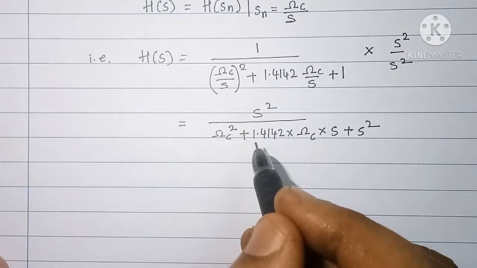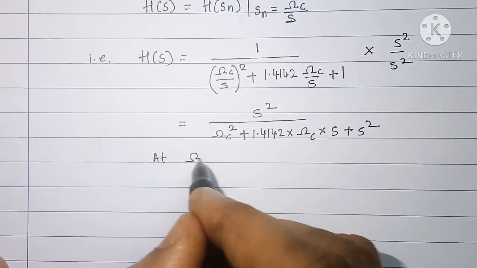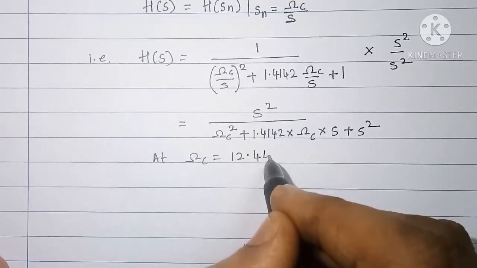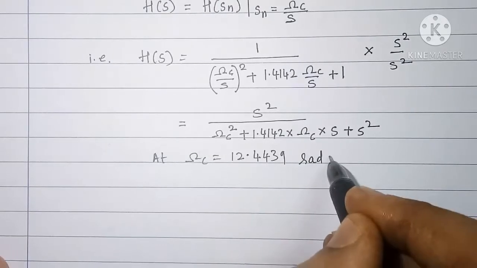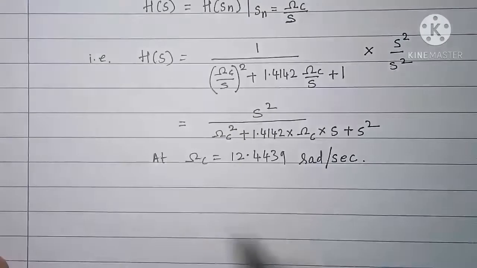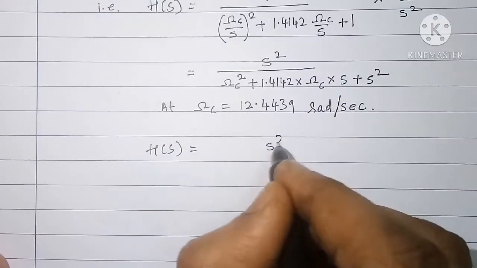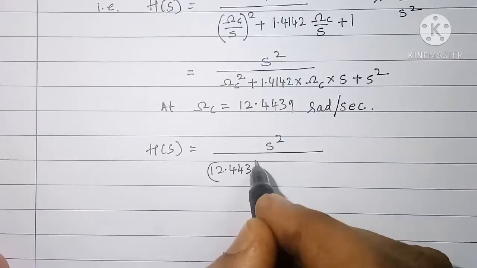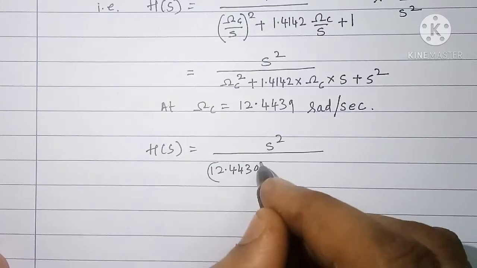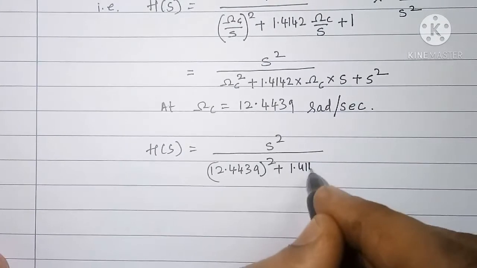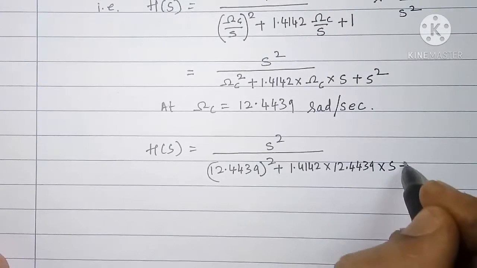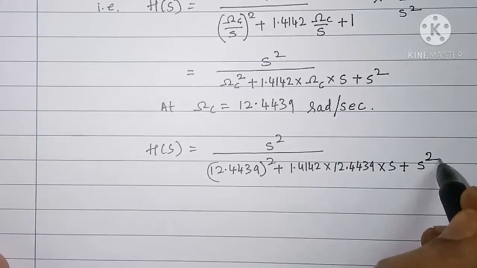Substituting for omega c value, omega c is equal to 12.4439 radians per second, H(s) will become s square upon 12.4439 square plus 1.4142 into 12.4439 into s plus s square.